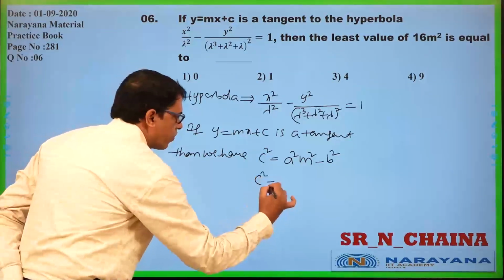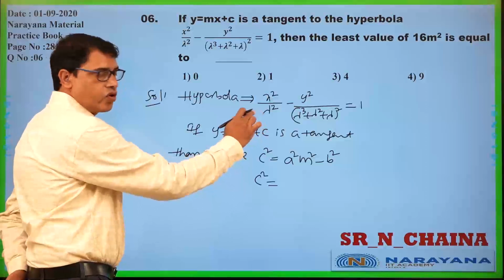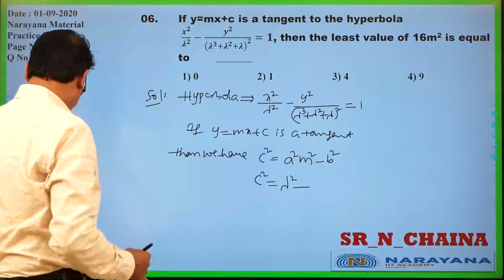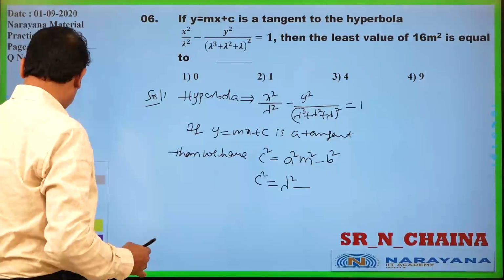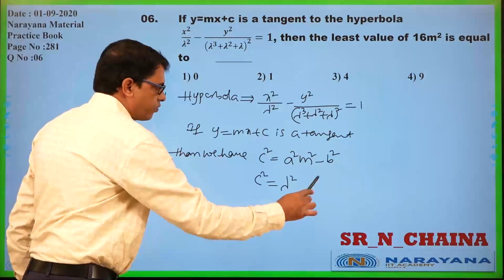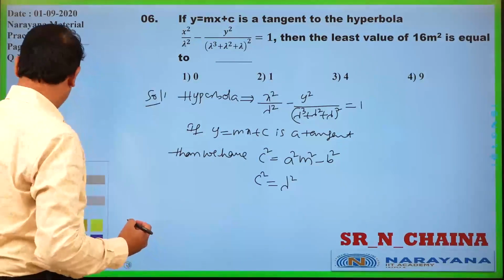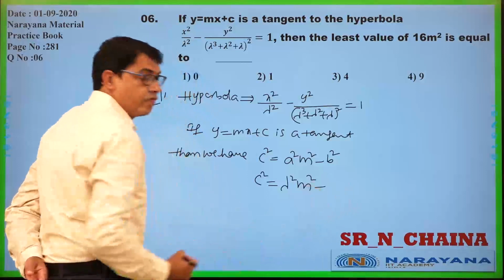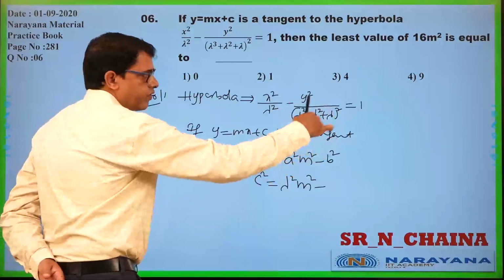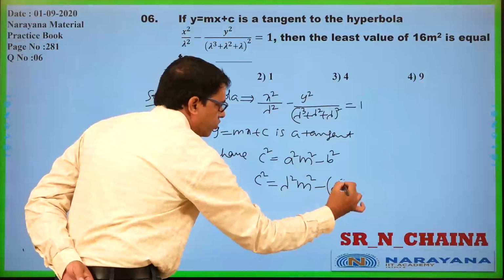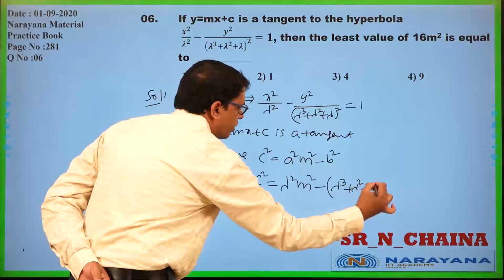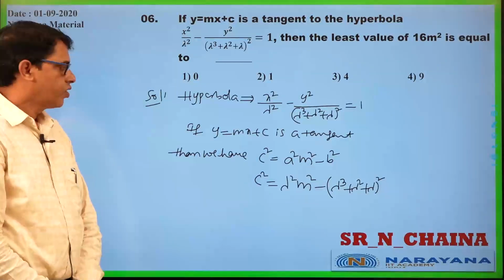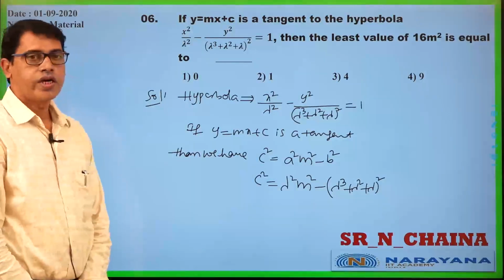So c square equals to a square, a square means lambda square, into m square, minus the entire value of b square, so lambda cube plus lambda square plus lambda whole square.